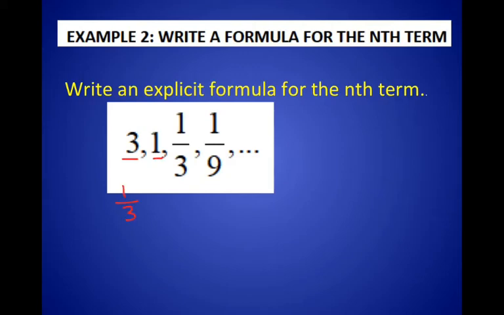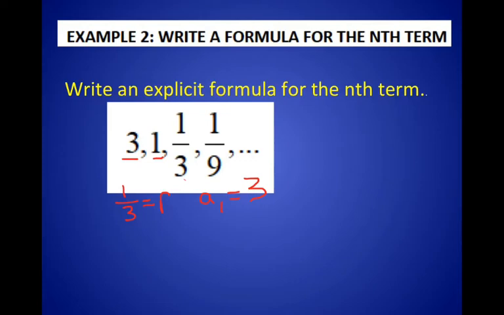So 1 divided by 3, that's it right there. That's your common ratio. So notice that if you take 1/3 divided by 1, that would also be the same ratio. 1/9 divided by 1/3, a little harder to see, but that would be the common ratio. Okay, so your first term you also need, so a sub 1 equals 3.